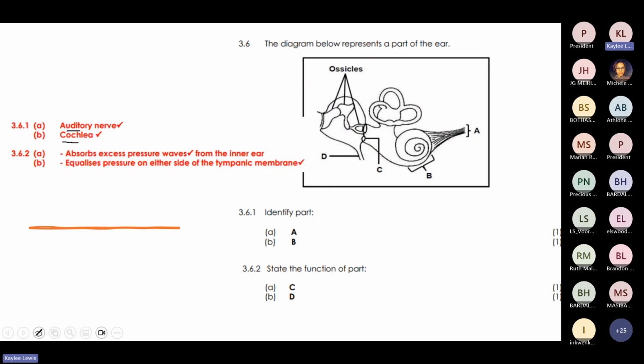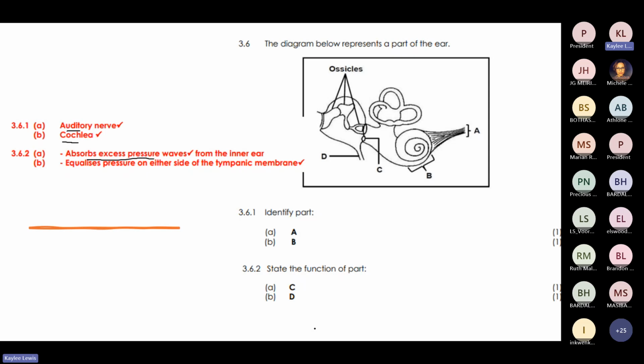But remember, I taught you O before R. So the function of the round window is to absorb excess pressure waves. So if they said explain the function, then you would say absorbs excess pressure waves to prevent an echo. But they just want to know the function of it. Absorbs excess pressure waves from the inner ear.